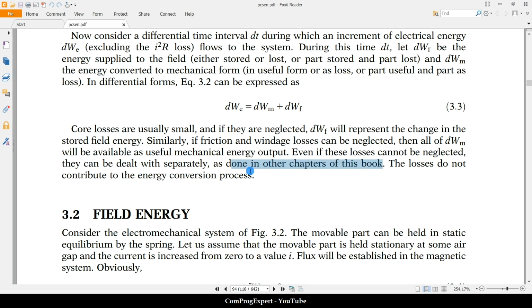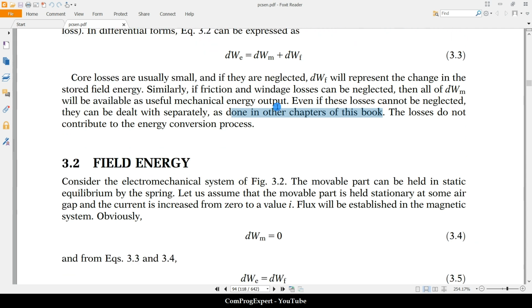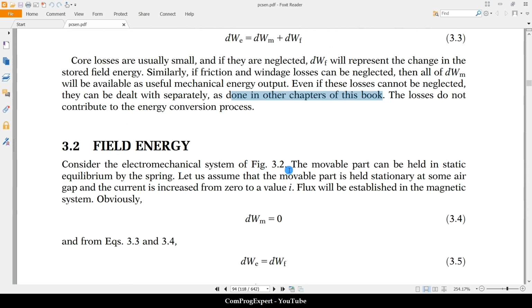So this is just an assumption. If we neglect losses, dWf is the change in the value of the stored energy in the magnetic field, and dWm is the change in the mechanical energy. So actually a lossless system. So consider this assumption for derivation of torque and force.